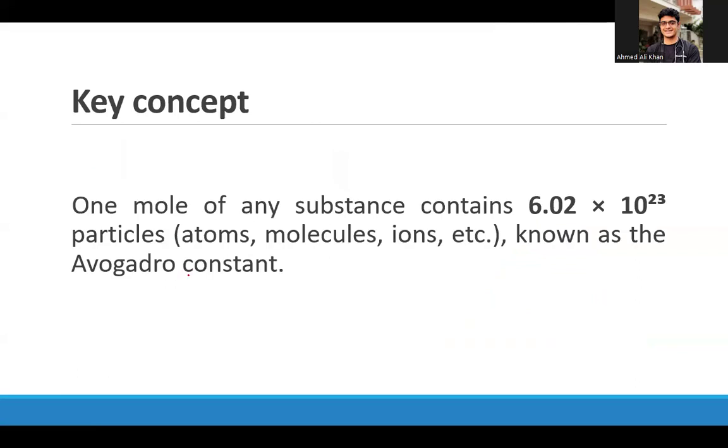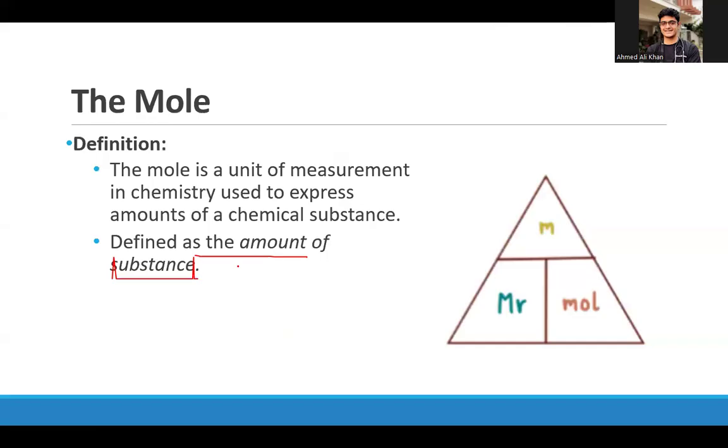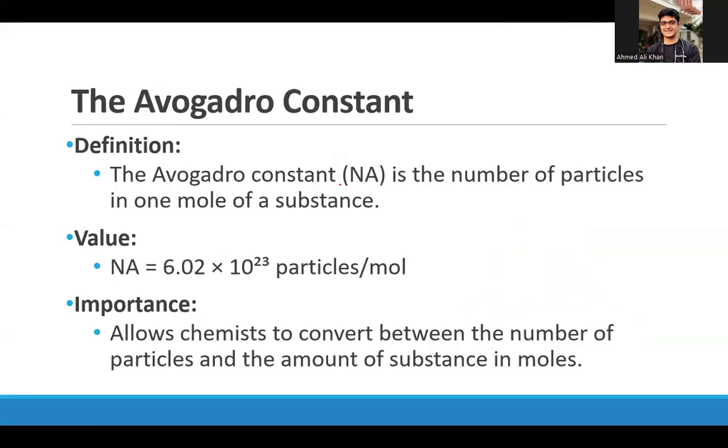So a mole is the amount of substance. What is Avogadro's constant? Avogadro was a scientist who measured how many individual atoms there are in a mole.